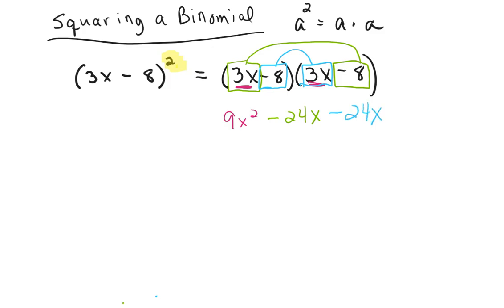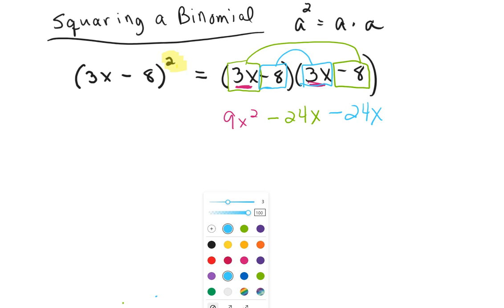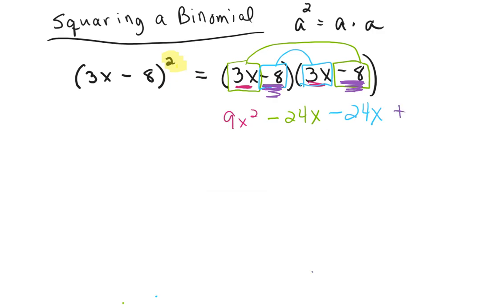And then, of course, last times last, that would be the negative 8 times this negative 8. And negative 8 times negative 8 is a positive 64. And my outsides and insides are like terms.